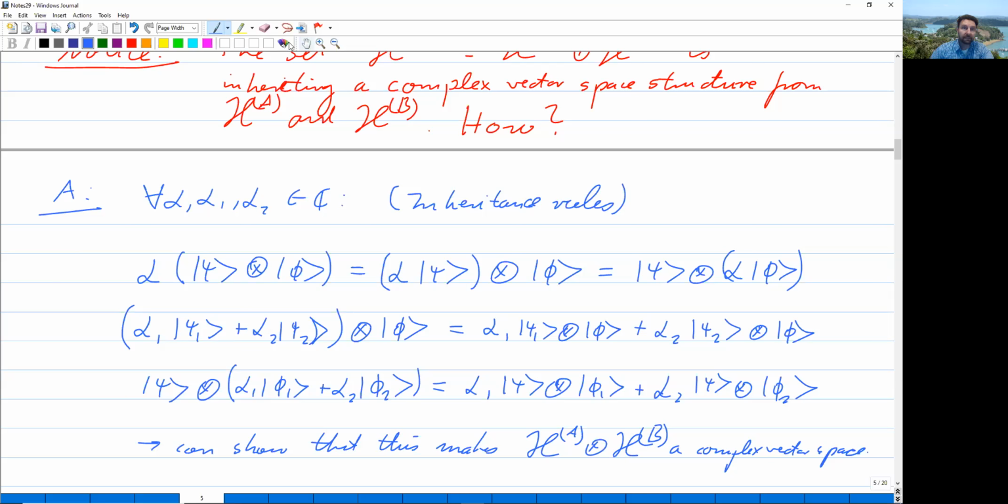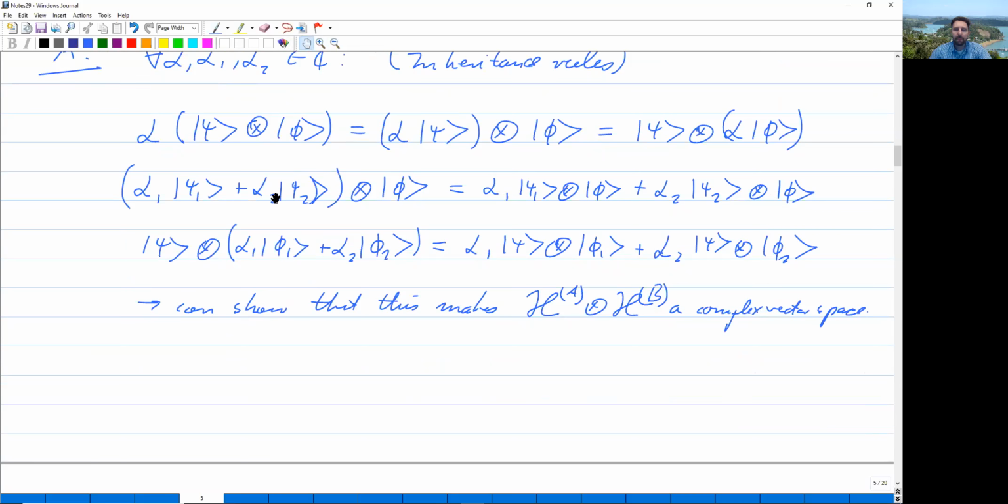Now, from this linearity, we should derive, on one hand, comfort, because it means we now know how to operate with the vector spaces here. These rules are all you need in order to handle any kind of calculation that involves the tensor product of vectors. Because this tells you what you can and what you cannot do.